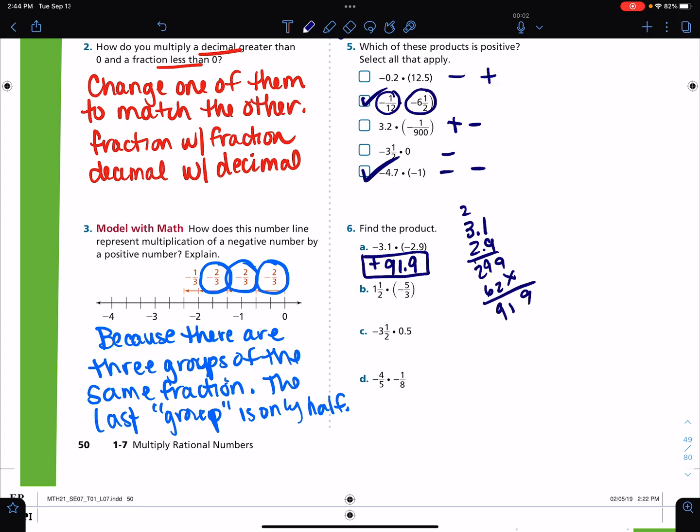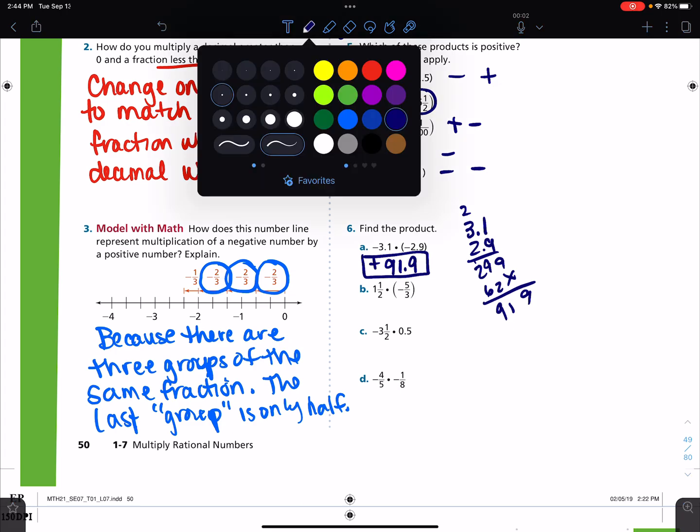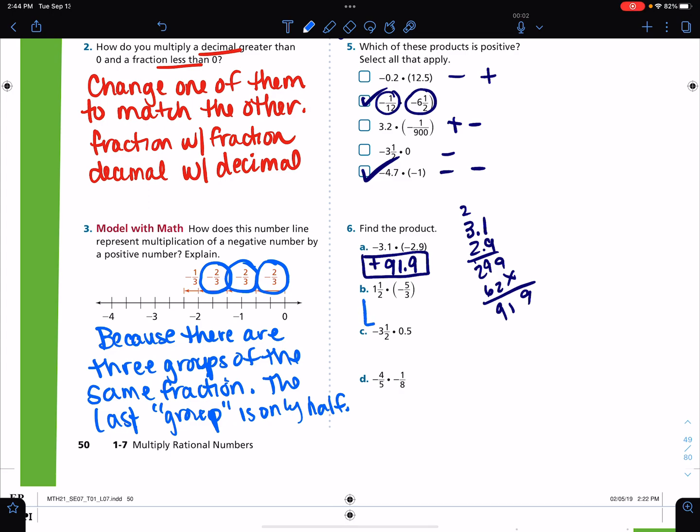Okay, I need another color because I'm out of room. 1.5, I'm going to change that to 3 halves times 5 thirds, and that's a negative, so my final answer will be negative. So that'll be 15 over 6.